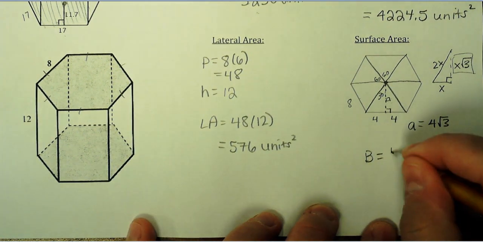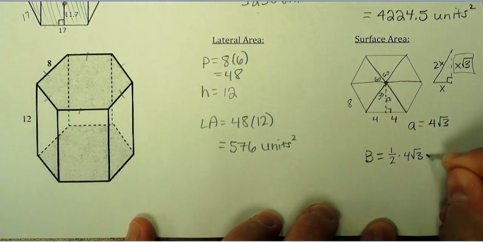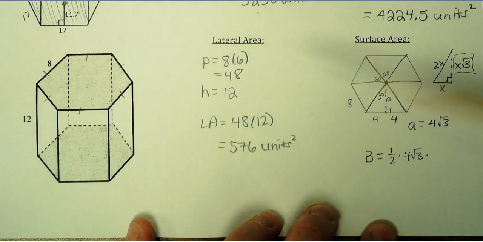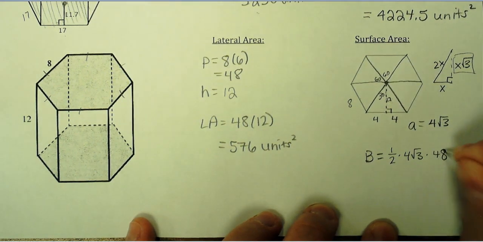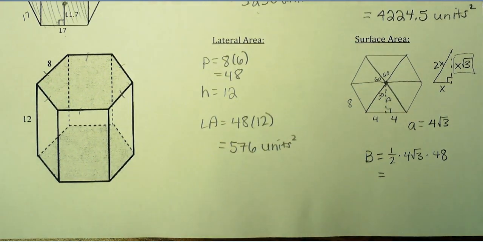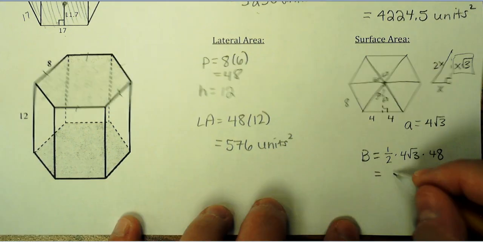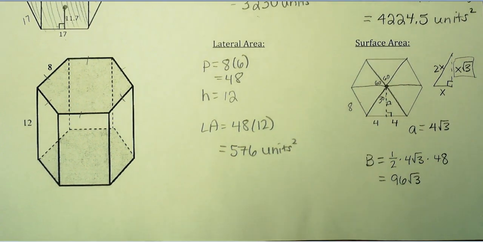So the area of the base is 1/2 the apothem, which is that 4 radical 3, times the perimeter of the base, which we already calculated for the lateral area. So this is 48. I'm going to leave it in radical form for 1 second so I'm not rounding it multiple times. So I'm going to do 1/2 times 4 times 48. This is going to be 96 radical 3 for the area of one base.